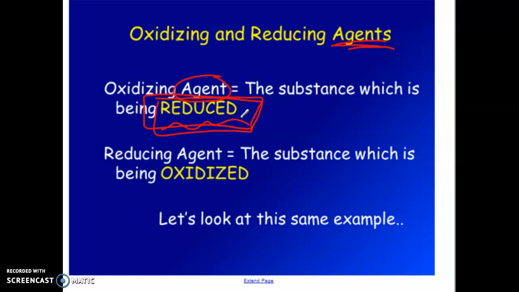So the substance that is being reduced is actually helping oxidation to occur, and vice versa. So the reducing agent, what is helping reduction to happen, is the oxidized element.